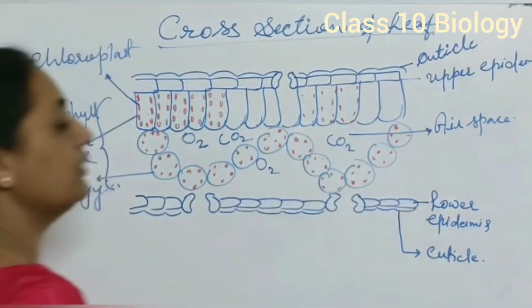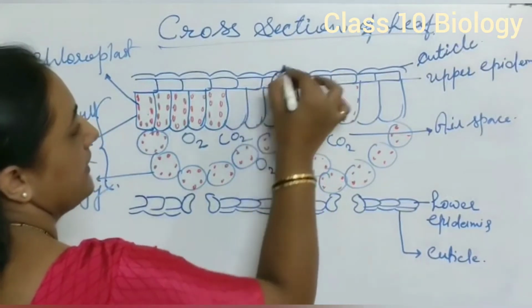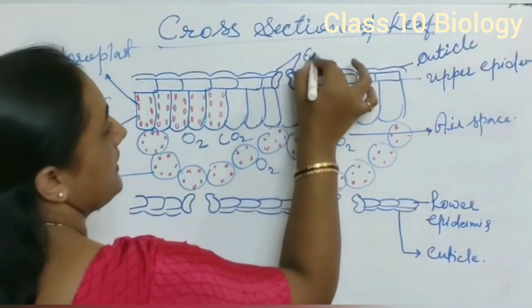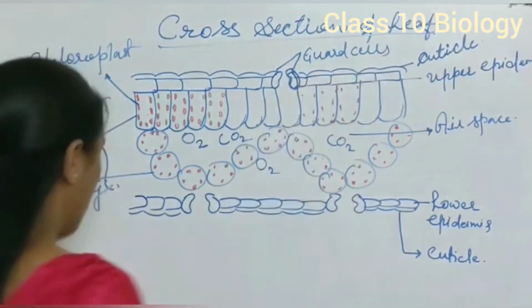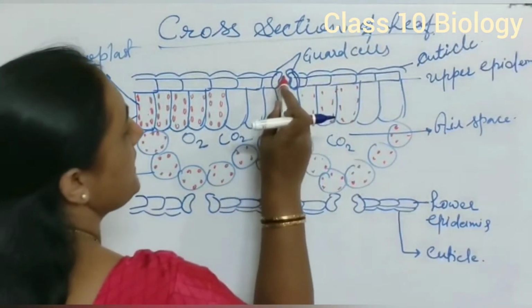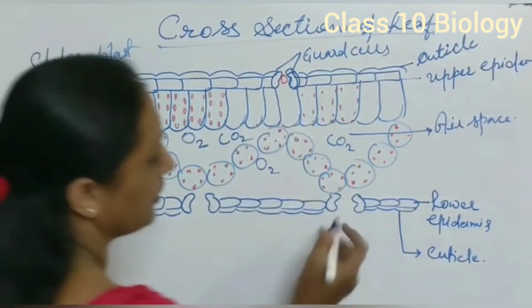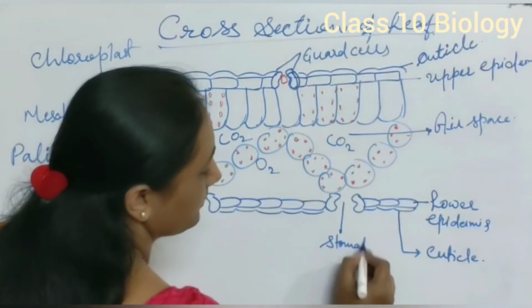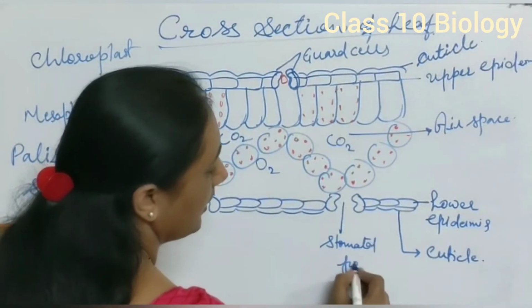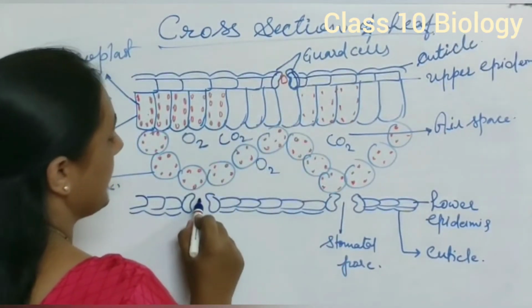For example, this bean shaped structure is called the guard cell. These are the guard cells. And in between the guard cells, you find the central region, which is called the stomatal pore. Through the stomatal pore only, gases come in.